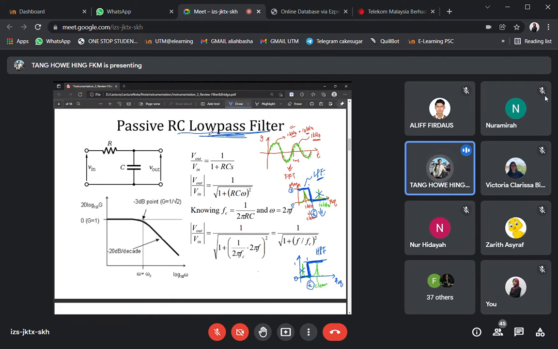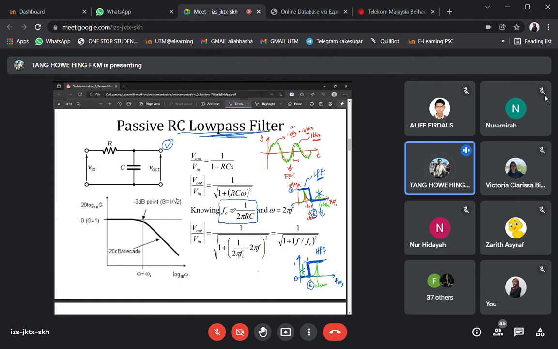How can we use this low-pass filter? For the low-pass filter, what you need to memorize, I don't mean understand, because if you don't know how to derive this equation, it's fine. But if we just want to use it, the most important thing is to memorize this circuit, and secondly, to memorize the cut-off frequency.